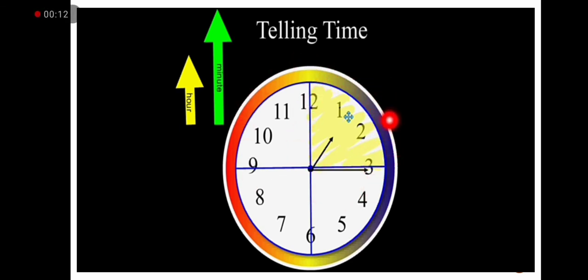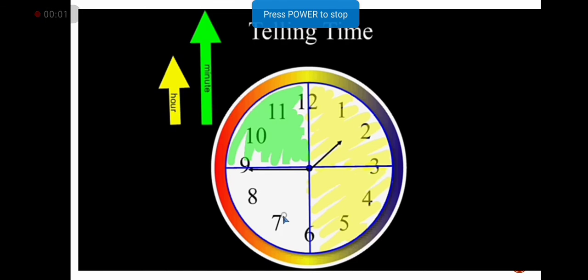So how many quarters are there in a clock? There are 4 quarters in a clock. In this clock, the minute hand is on 9. Now how many minutes passed? 45 minutes passed. But how many minutes are left? 15 minutes are left.